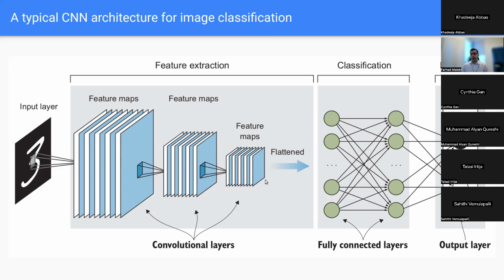A common pattern is that as we move deeper, we usually increase the depth, the number of channels, but we decrease the spatial dimension. This makes your model more efficient because remember, we need to slide the filter. So when you make the spatial dimension smaller, the area that we need to slide over will be smaller. So that also increases the efficiency.